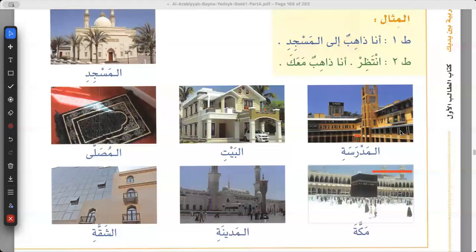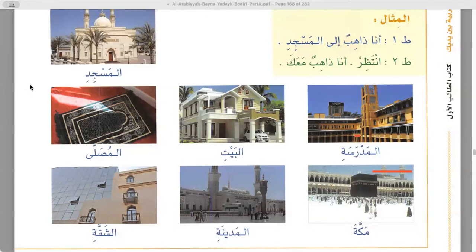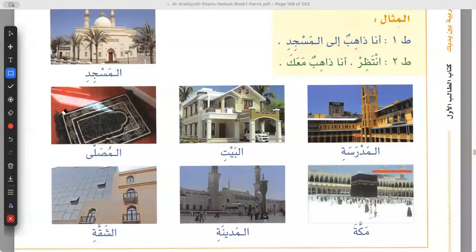You are giving that dal a fatha in your pronunciation, and it's sukun. Madrasa. Don't say madarasa. Madrasa. Please take it again. أنا ذاهب إلى المدرسة. Barakallahu fik. انتظر. Wait. أنا ذاهب معك. I will go with you.